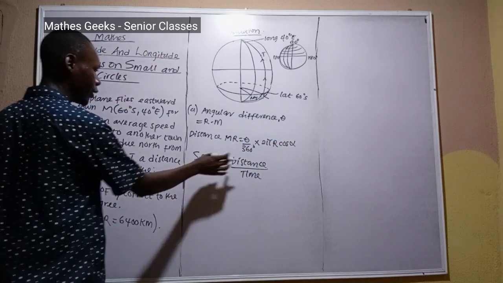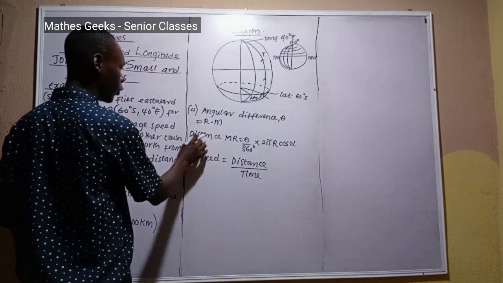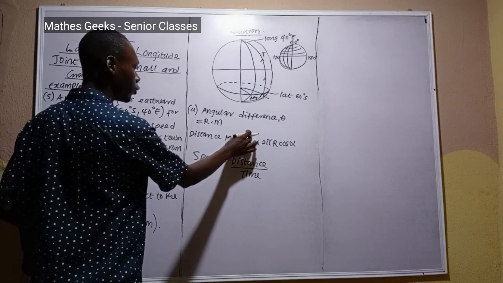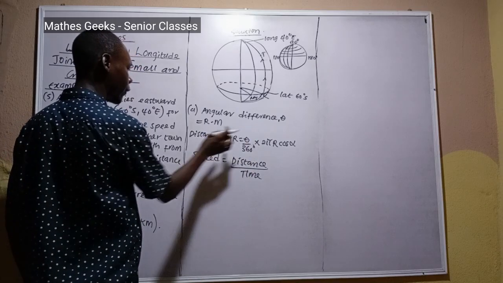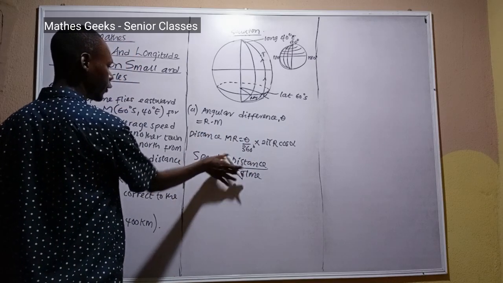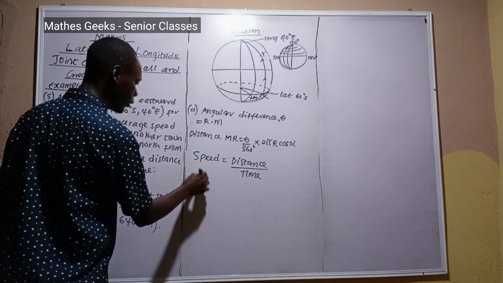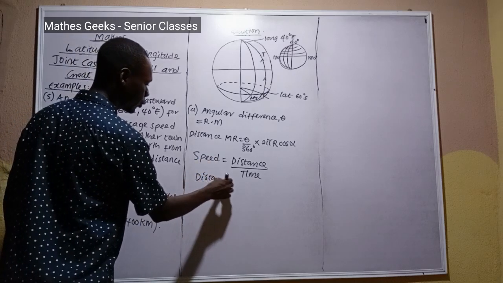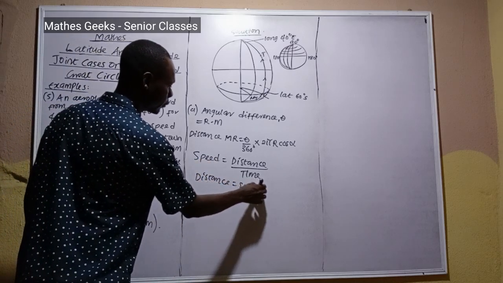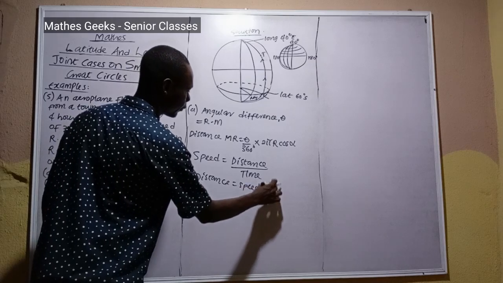We need the distance because we don't know the distance and we don't know the angular difference theta. So first of all, we can get distance from this formula. Distance is equal to speed times time.